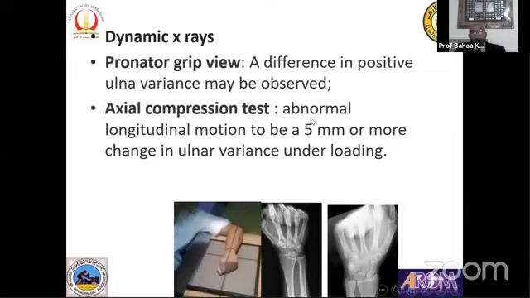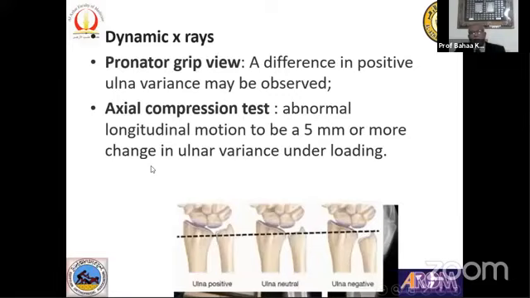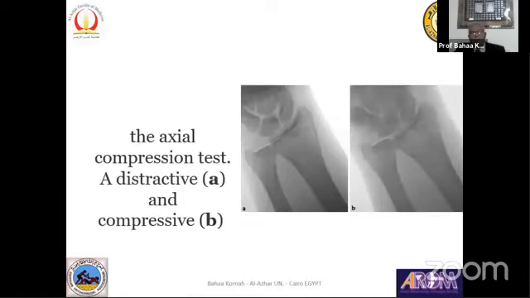In the axial compression test, abnormal longitudinal motion of about 5 millimeters or more, a change in the ulnar variance under loading, may be observed. This is an example of the axial compression test. This is the relation between the distal end of the radius and ulna, and when I make a compression, there is a disturbance in the relation between the distal end of the radius and the distal end of the ulna.